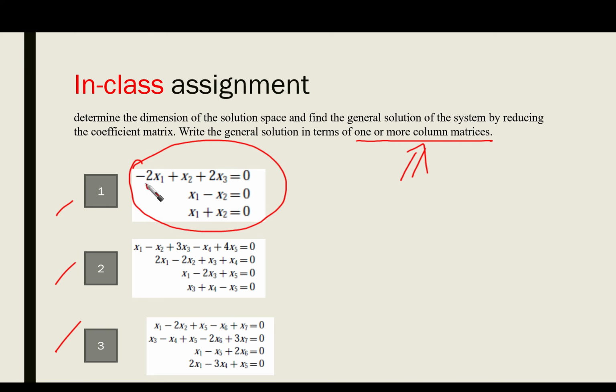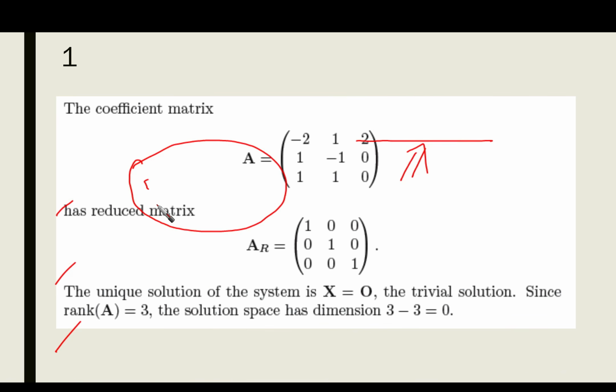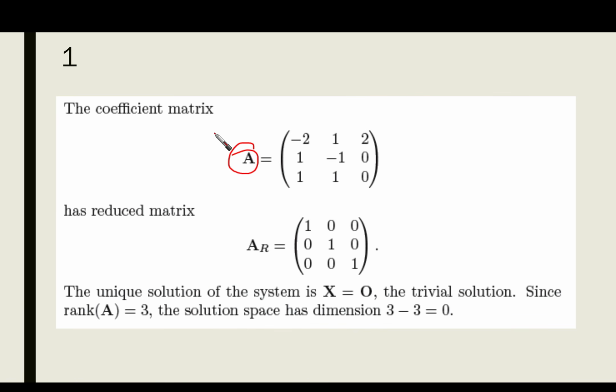As you can see here, we are going to extract its coefficient matrix, which is something easy. I think that you have done it by yourself. And then the reduced matrix. When we make the reduction, we find that we have the identity matrix. Okay, this means what exactly?